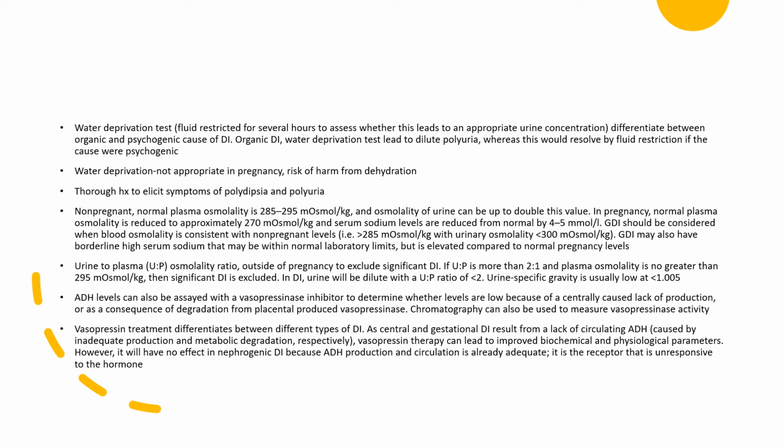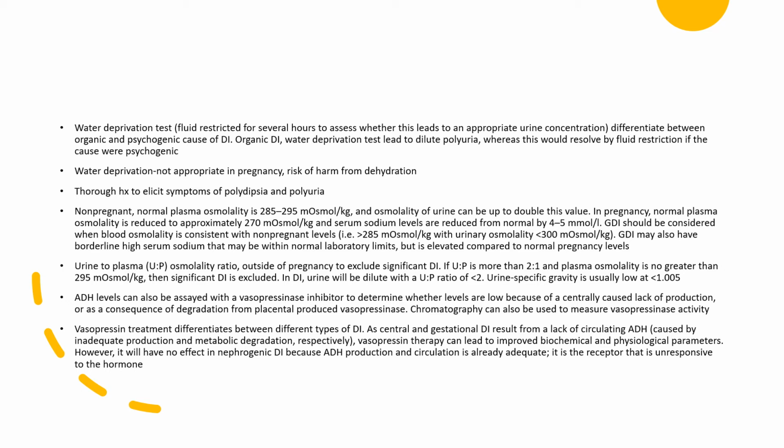Gestational diabetes insipidus should be considered when blood osmolality is consistent with non-pregnant values. It may also have borderline high serum sodium that may be within normal laboratory limits but is elevated compared to normal pregnancy levels.